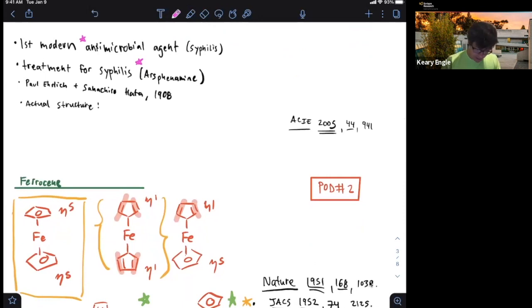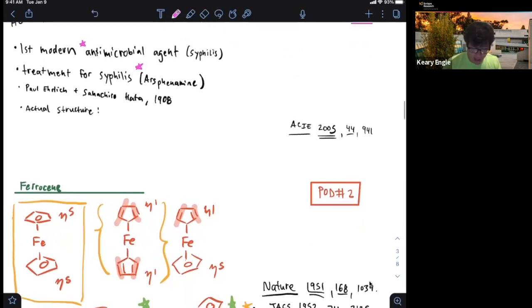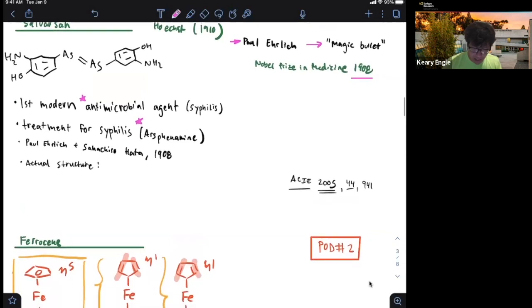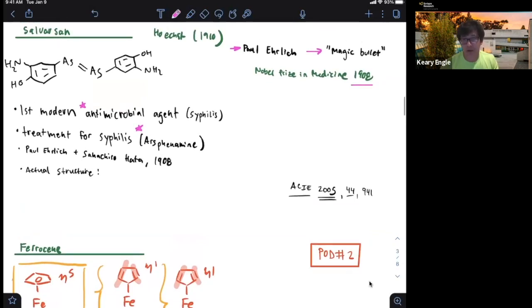And one of the interesting facts surrounding Salvarsan is that actually the structure remained not fully elucidated for many decades.